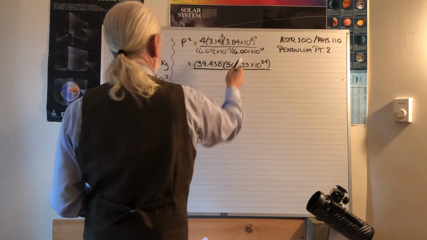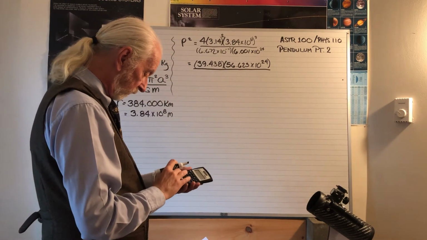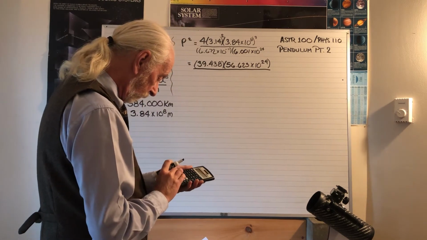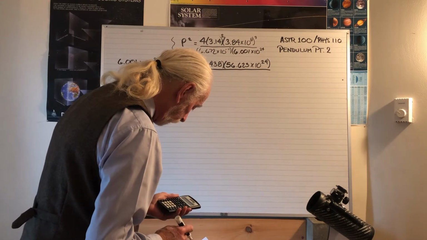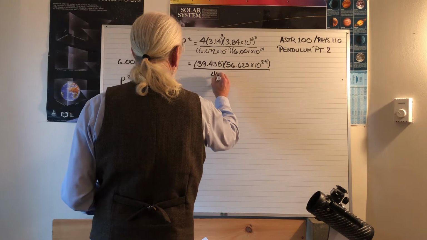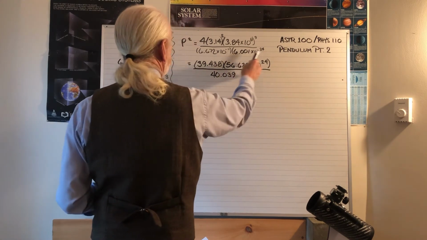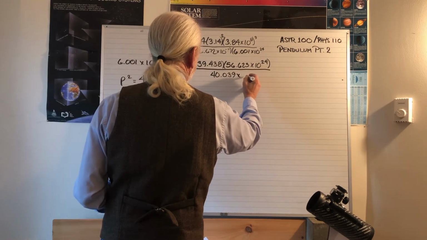I'll multiply these. 6.672 times 6.001 is 40.039, times 10 to the 24 minus 11, that would be 10 to the 13th.